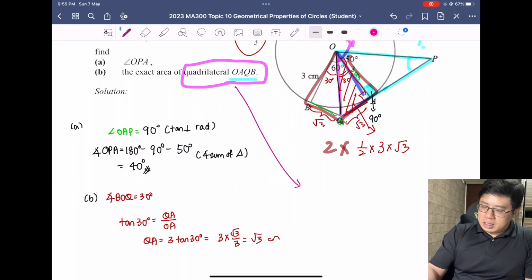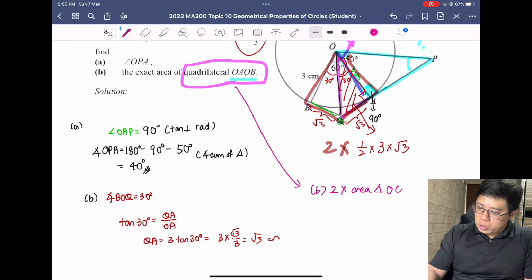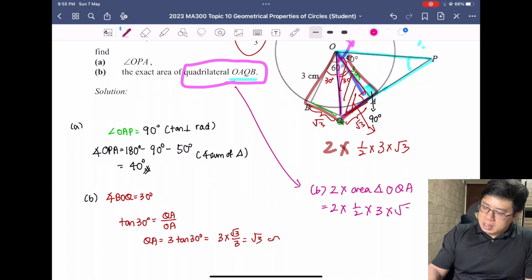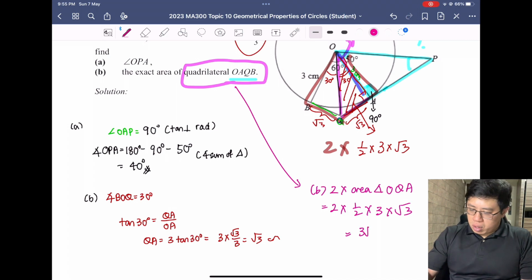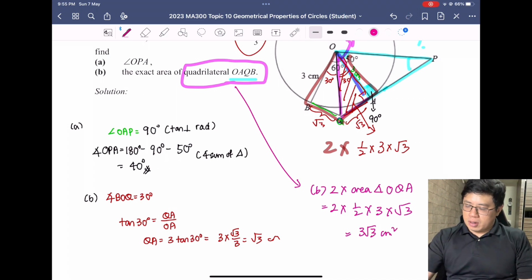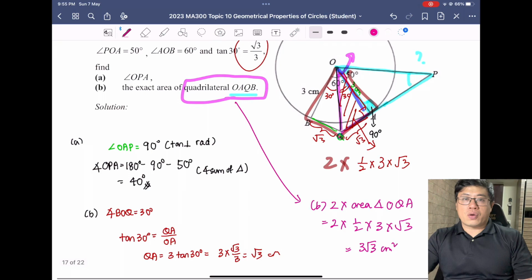So my answer for B will be 2 multiplied by the area of triangle OQA, which is 2 times half times base times height. The answer turns out to be 3 square root 3 cm squared. Okay, with that, we are done with this question. Thank you.